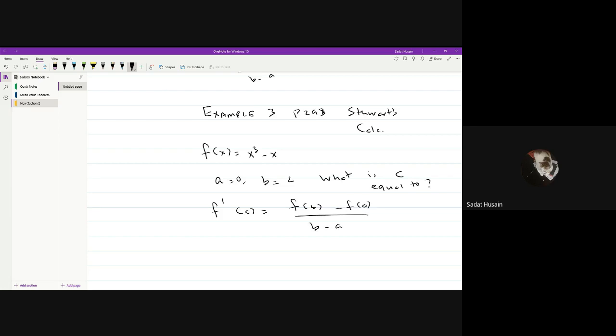Remember the condition that c has to be between a and b, c has to be greater than a but less than b. Okay, so let's try to figure this out.